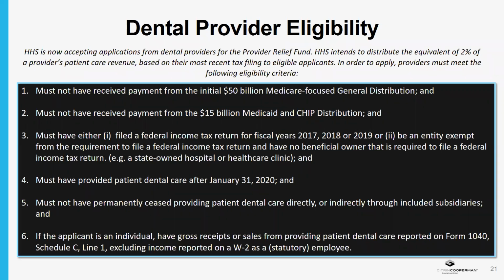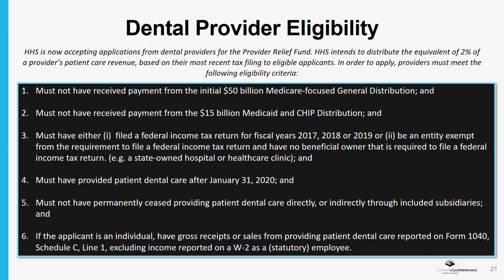You must not have received payment from the initial $50 billion Medicare-focused general distribution, and must not have received payment from the $15 billion Medicaid and CHIP distribution. And number 3, must have filed an income tax return, either in years 2017, 18, or 19. Must have provided patient dental care after January 31st, 2020, and must not have permanently ceased providing patient dental care directly or indirectly through its included subsidiaries.